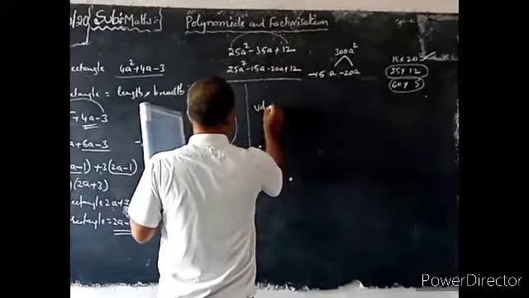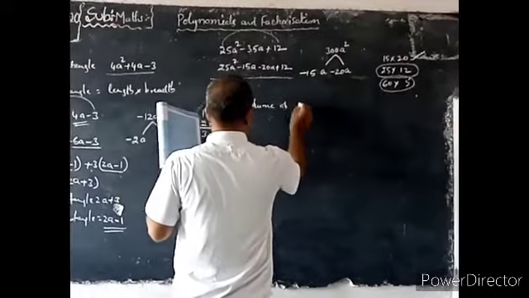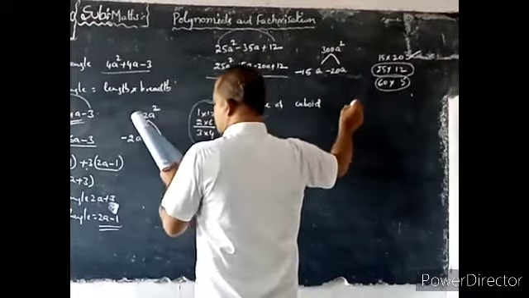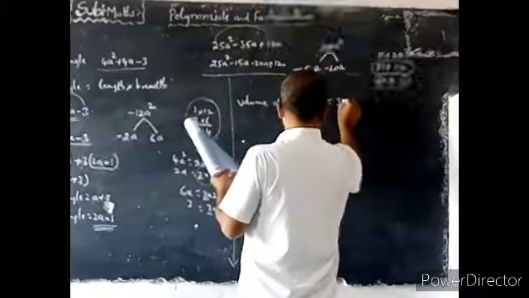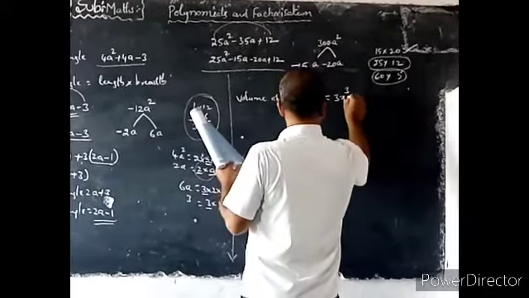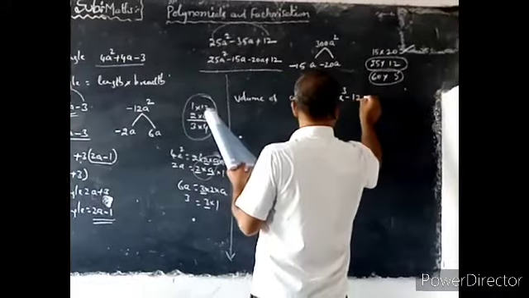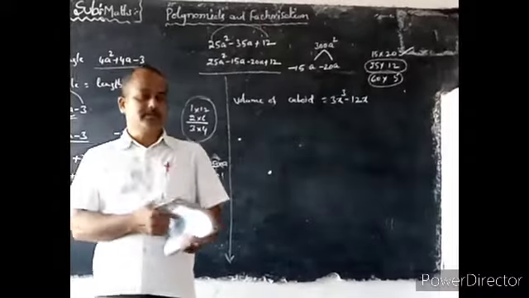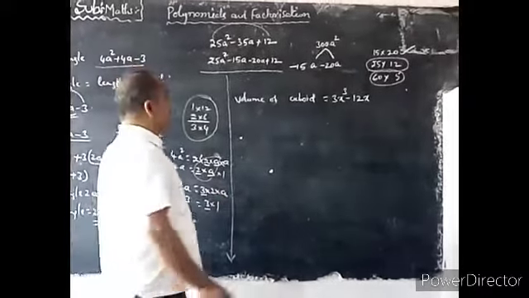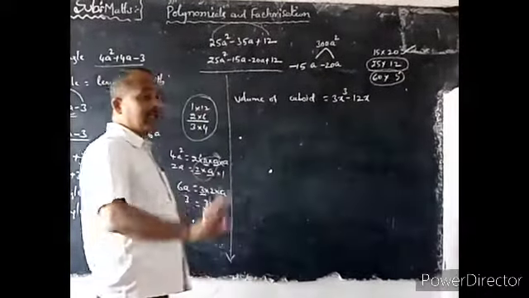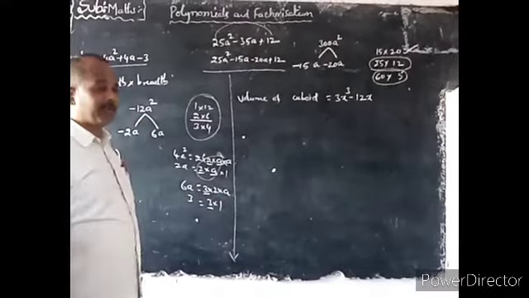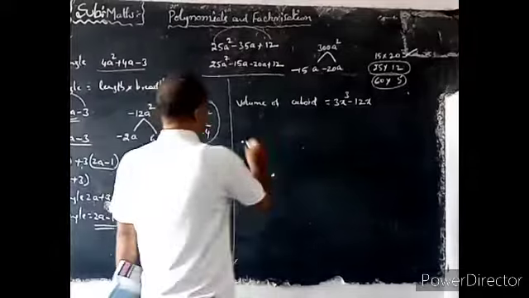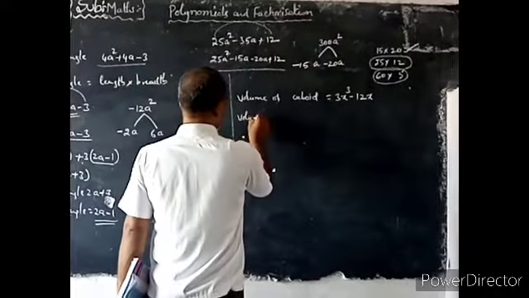Volume of cuboid is 3x cube minus 12x. The volume of cuboid formula is length into breadth into height. We need 3 dimensions here. So, volume of cuboid.